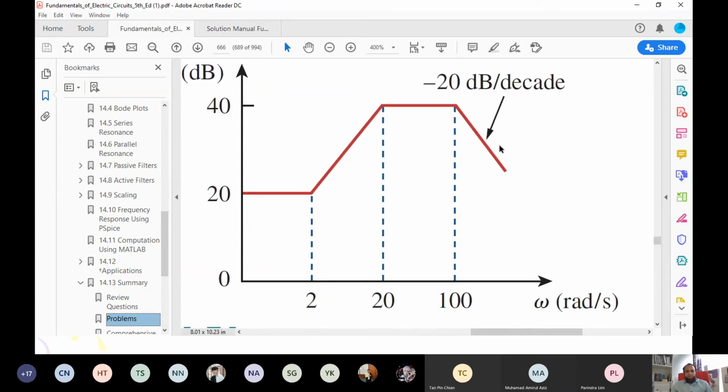Can I say that for this particular one, this value is equal to 20 log of that constant?